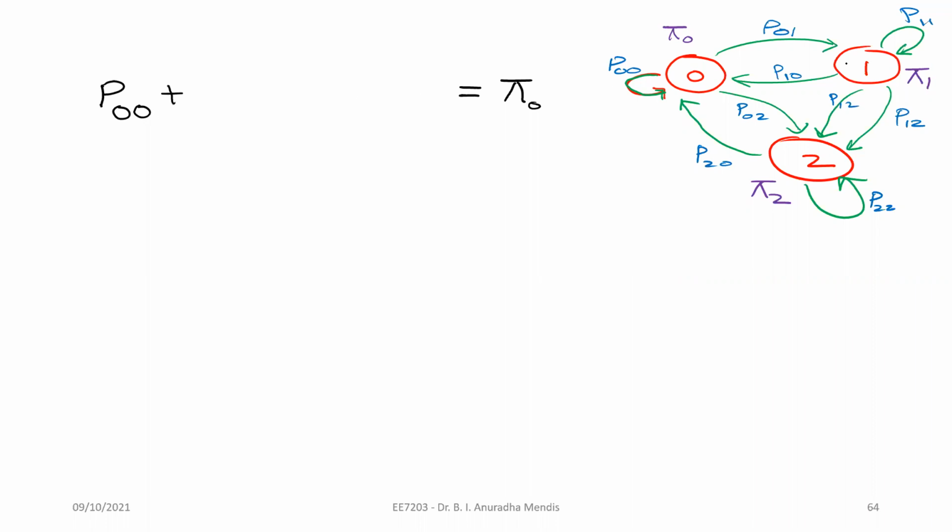If you are at 1, you can go to 0, no? So there is another possibility from 1 to 0. And there is another probability from 2 to 0. Are there any possibilities to reach phi naught, to reach state 0? Are there any possibilities?